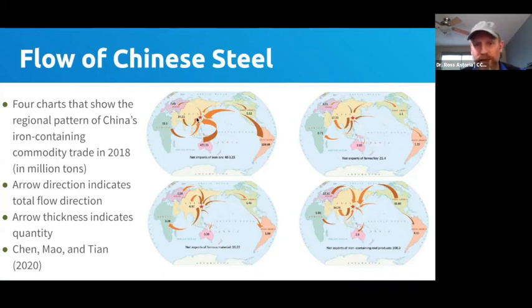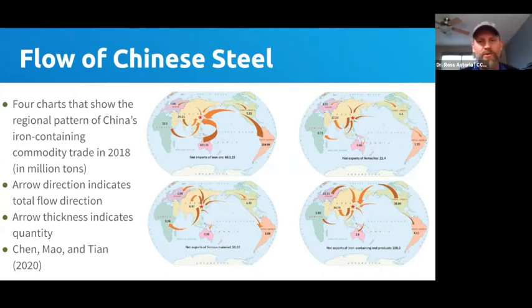And then if you look at net exports, the upper right, you can see that some of those exports do go to North America, but by no means is it an overpreponderant proportion of China's exports.